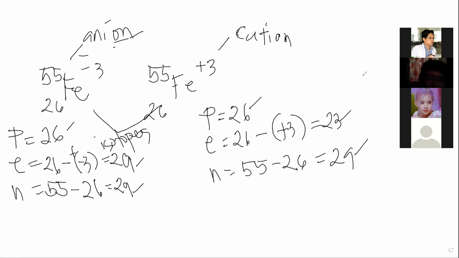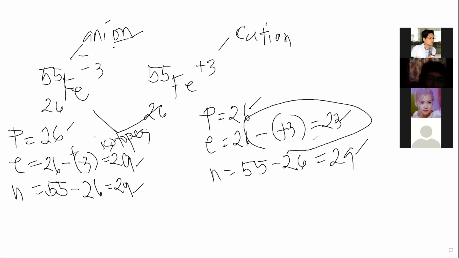Do you have any questions so far? But how about if there's no charge, or it is not an ion or a cation? It is as is. So the number of protons is equal to the number of electrons because it is balanced. There is no minus, there is no charge.